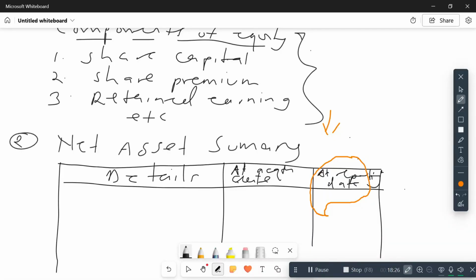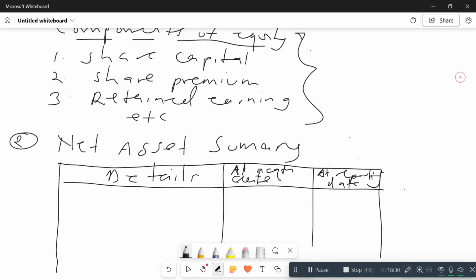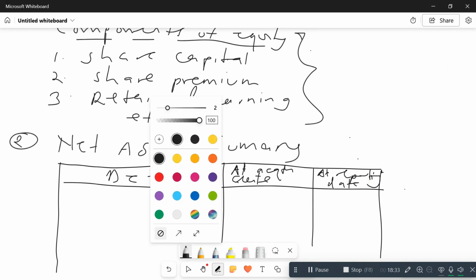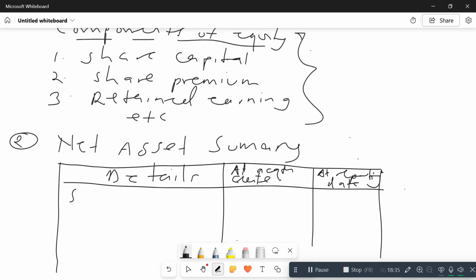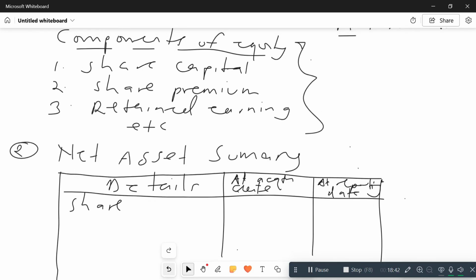You bring and you write your share capital. They have not given us any information at reporting or at acquisition, so of course you maintain that 320.